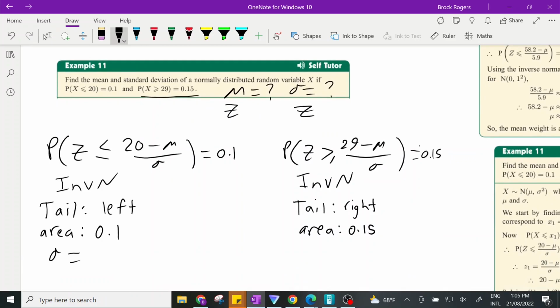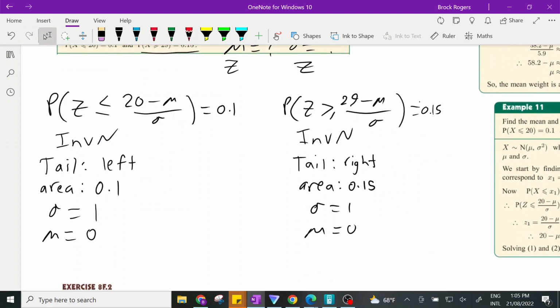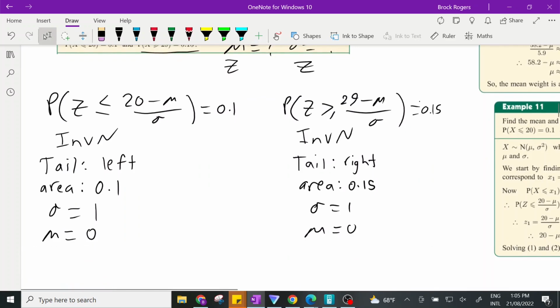Now this is a standard normal, or a Z-score, so the standard deviation has to be 1. The mean has to be 0, and this is just for the calculation. That's not the true values that we're trying to find. This is just the bastardized version using the Z-score. And this will tell us, so this first one is left, 0.1.